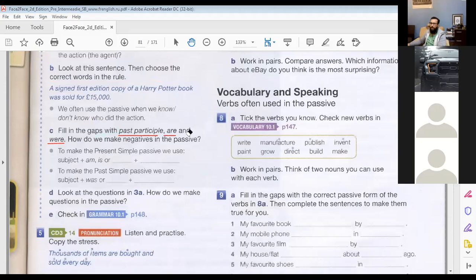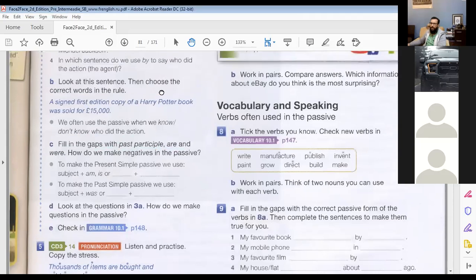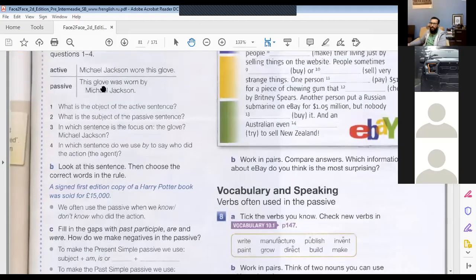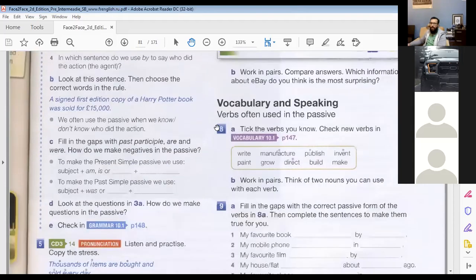Let me show you the examples this way. Here, this is a present simple passive.